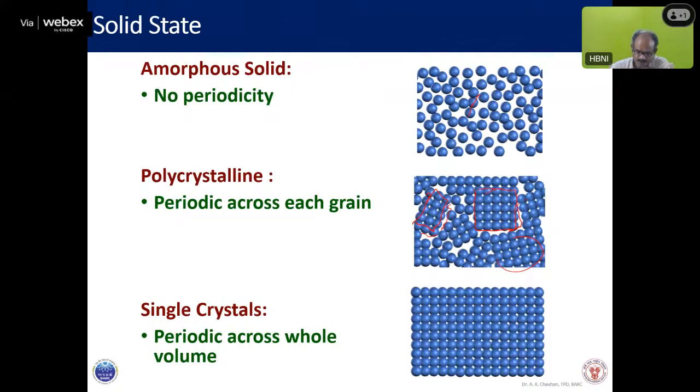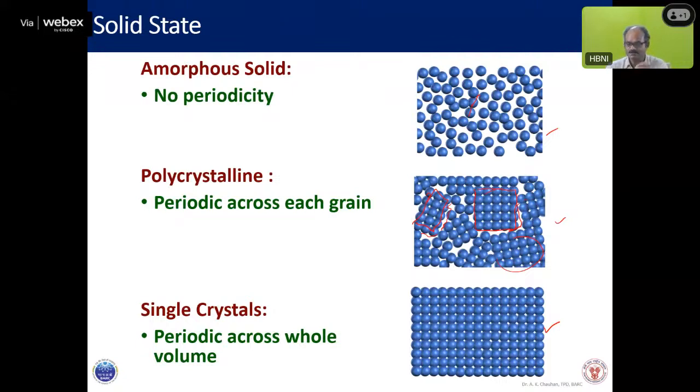However, if you come to a single crystal, a single crystal is periodic across the whole volume. Suppose you have a 1 meter crystal and you call it a single crystal, then you should be assured that throughout the crystal periodicity is maintained. So the difference between polycrystalline, single crystal, and amorphous should be clear.